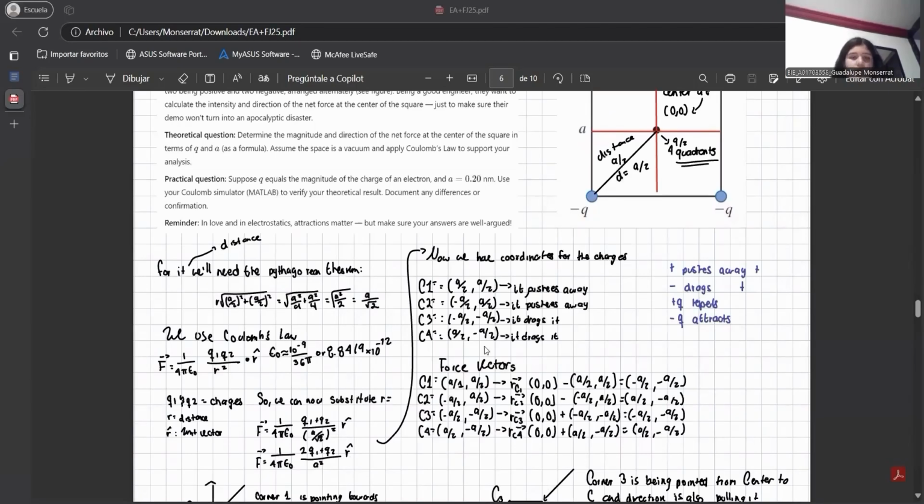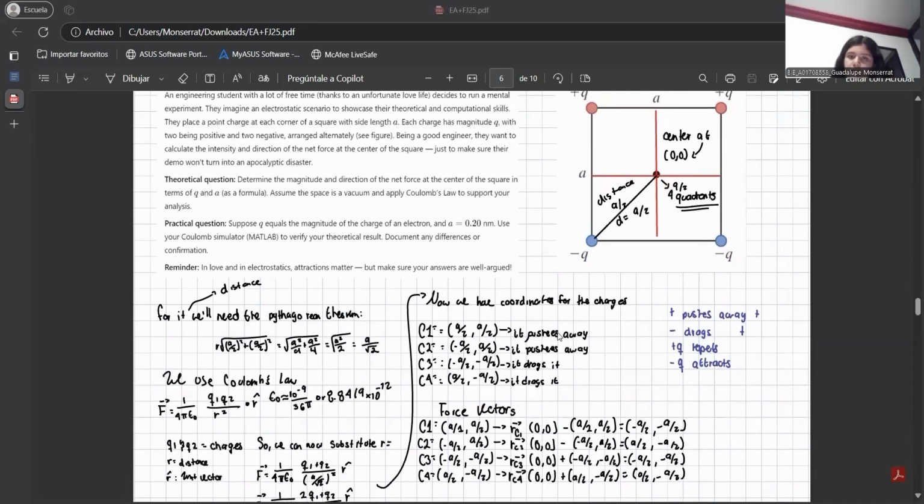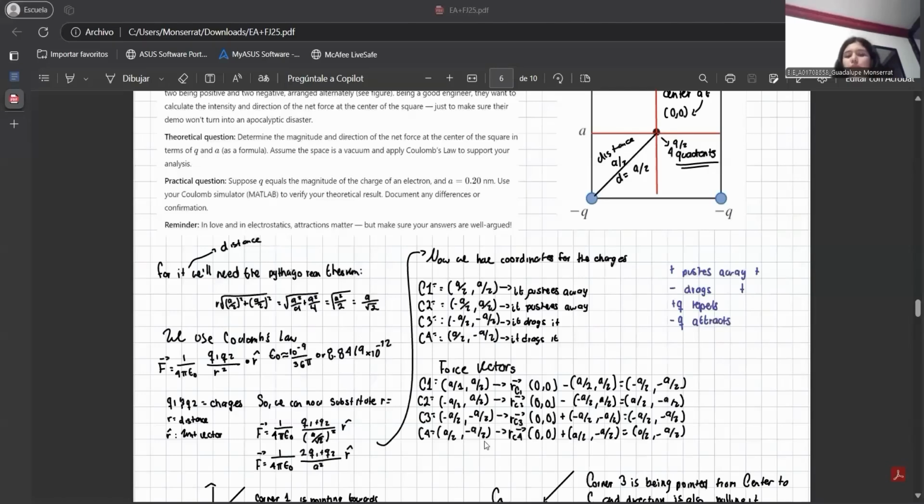Now we have the coordinates for each charge, and using the Cartesian plane we located them, and we give each coordinate a sign. Then we have the first vectors, which we get by using the direction and each coordinate.